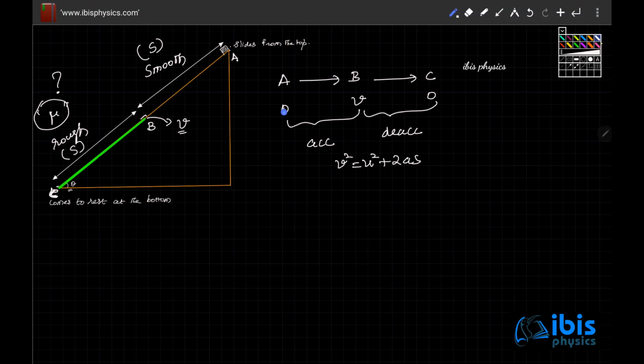For the first part of the journey, initial velocity is 0, final velocity is V. For the second part, initial velocity is V, final velocity is 0. So what is the acceleration and deceleration in each half?